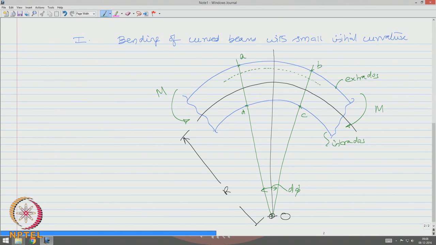Therefore, the points P and Q will now shift and tilt to the new center which I call O dash, and the new angle is d phi dash, and the new radius is r dash, and the fiber distance is y.